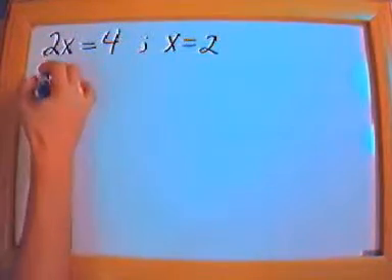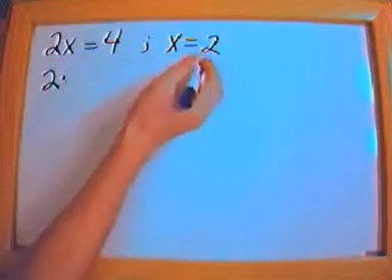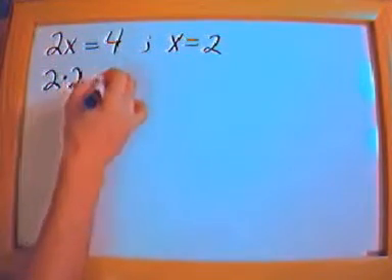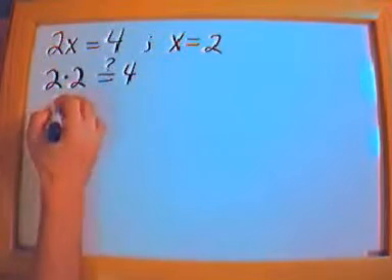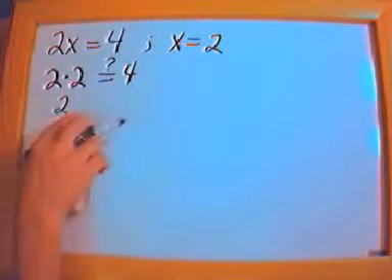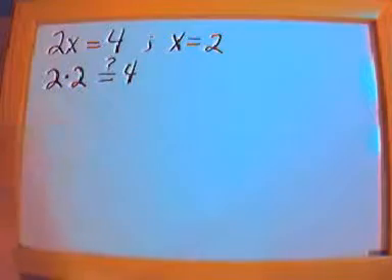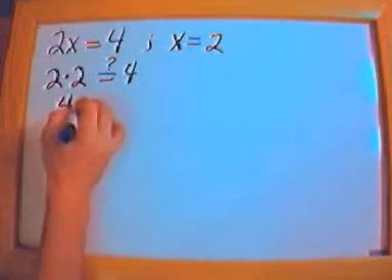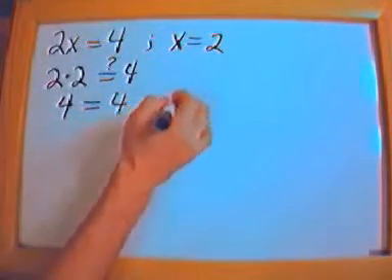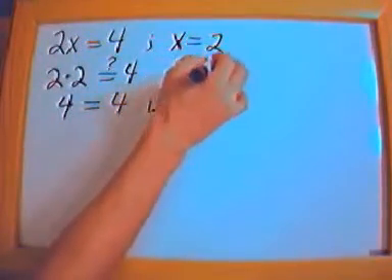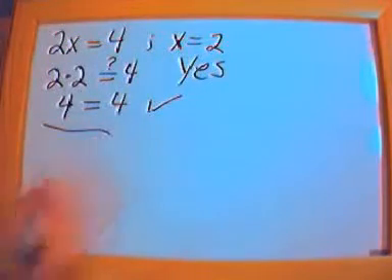So plugging in 2 times x, which is 2, equals, with a question mark, 4. And of course 2 times 2 is indeed 4, which is equal to 4. So when I plug this in, the equation is equal. So therefore, yes, x equals 2 is a solution of that equation.